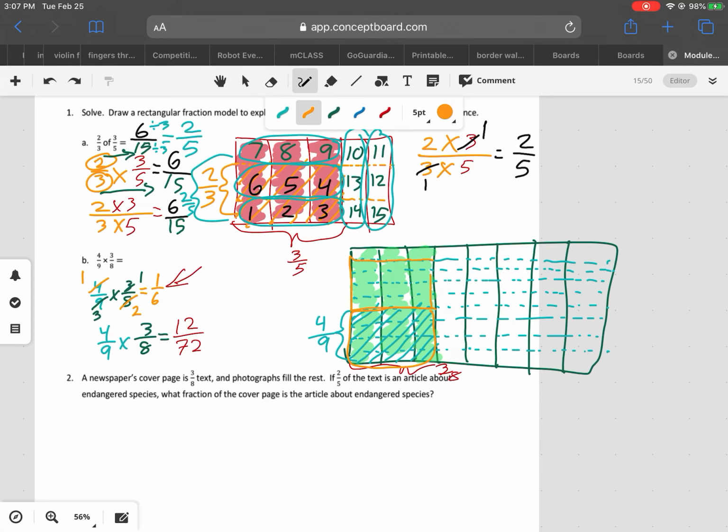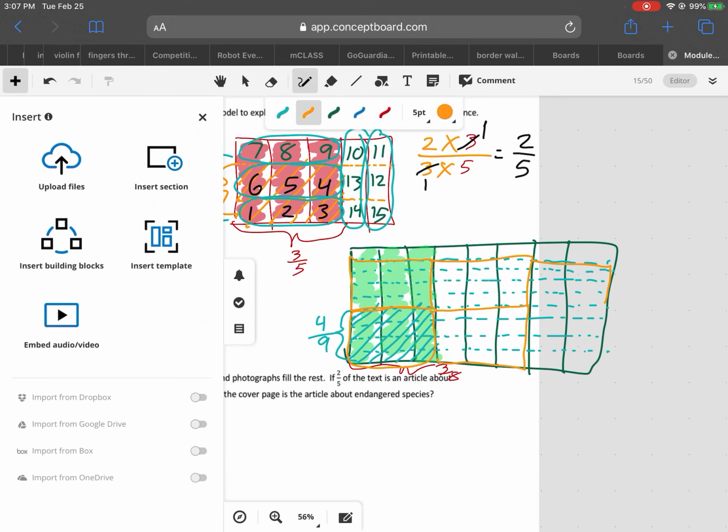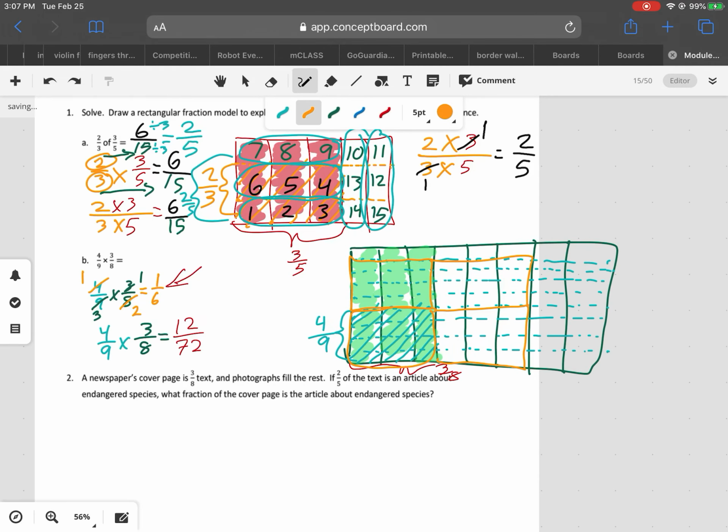Oops, that didn't come out right. 4 lines of 3 again. Alright, and then I'm going to do it again here, and again here, and again here. Oops, I'm running out of room. I can't do that one.